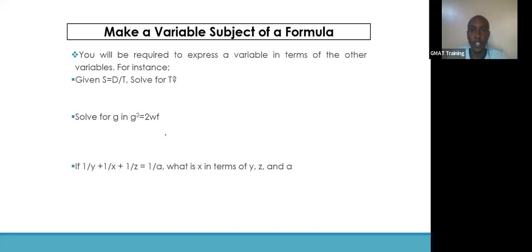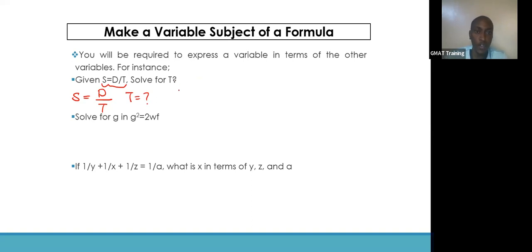Let's make a variable the subject of the formula. You will be required to express a variable in terms of the other variables. For instance, this is the formula for speed, distance, and time. We have speed equals distance over time, and we solve for t. So we'll multiply t to both sides.